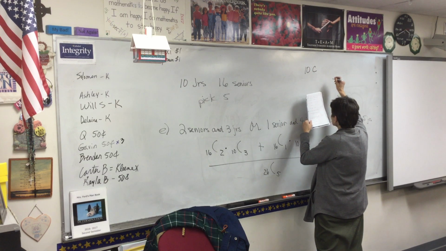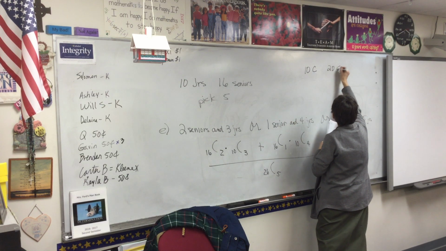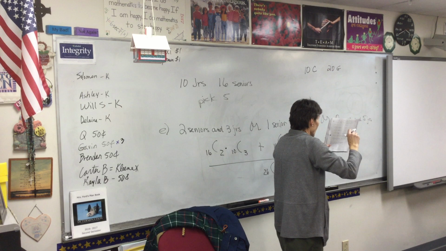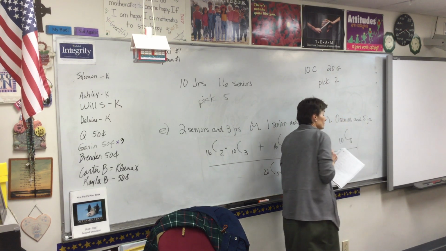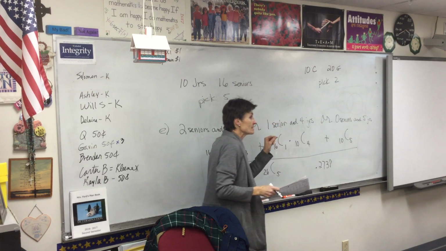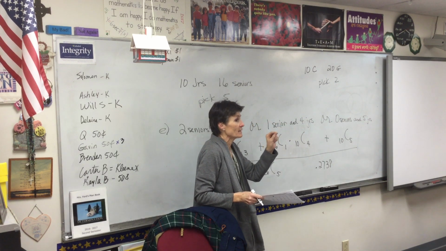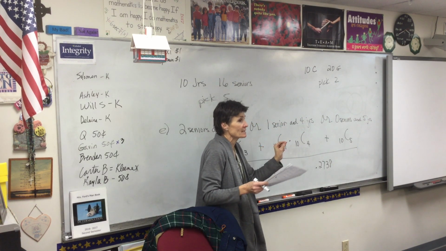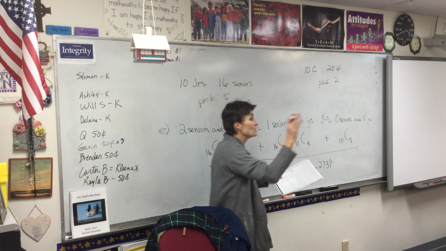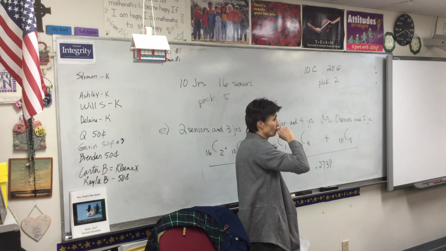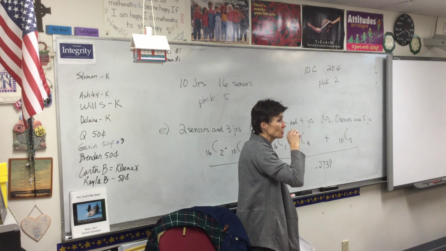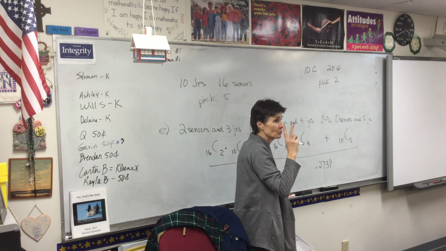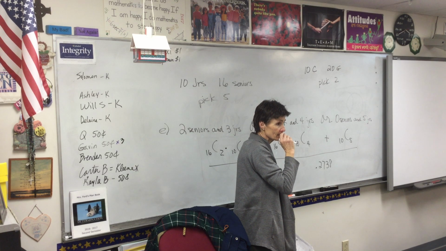All right, I have 10 chocolates and 20 gumdrops. I'm gonna pick 2. Now this is the same as picking juniors and seniors, picking spades and clubs. The setup is exactly the same. I want no chocolates. What does that mean? If I don't want any chocolates, then I must be picking 2 gumdrops.